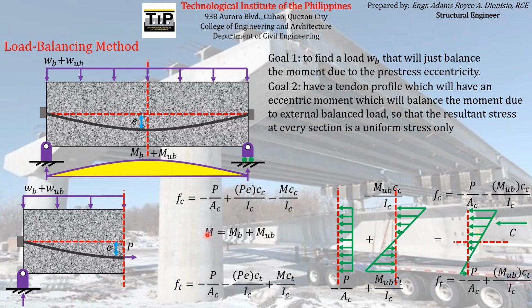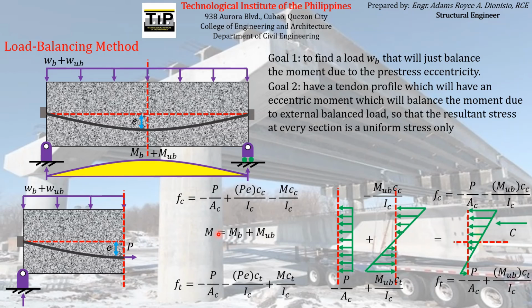If you express that as the sum of the balanced moment, which is due to the balanced load, and the unbalanced moment, which is due to the unbalanced load, take note that the sum of these is just equal to the total service loads.